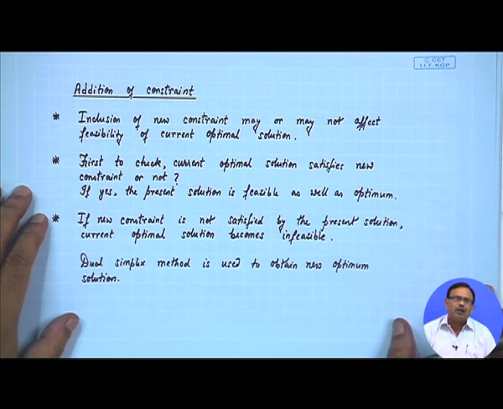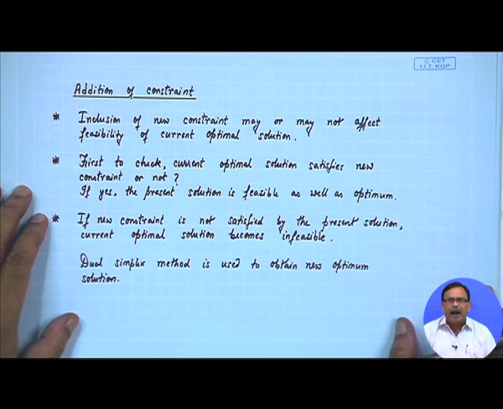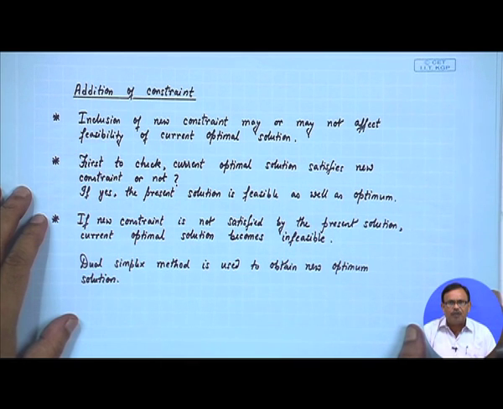So, in that case we can use the dual simplex or some other methods to obtain the optimal solution, that we will see. So, in other sense, whenever I am adding a constraint, if the new constraint is satisfied by the feasible solution, then the old solution will remain the solution of the new problem itself.